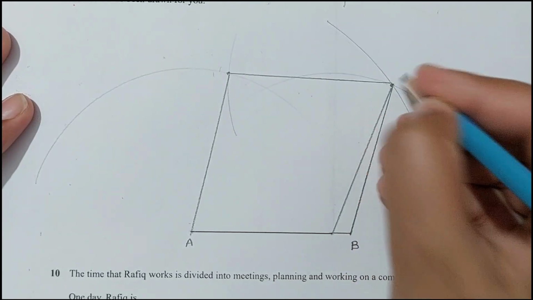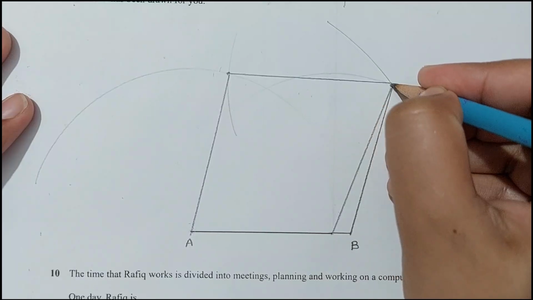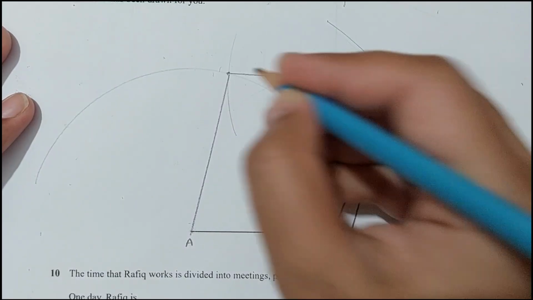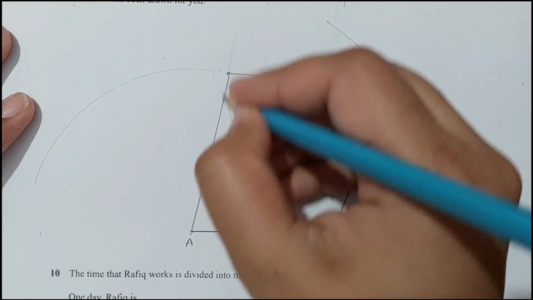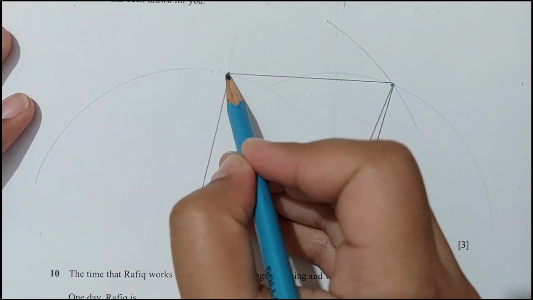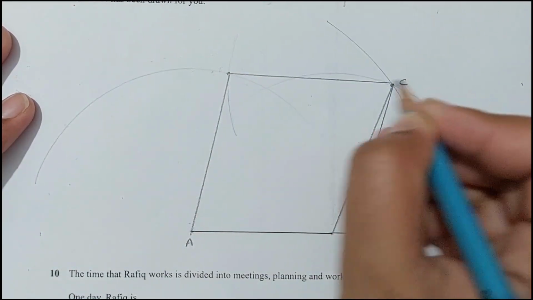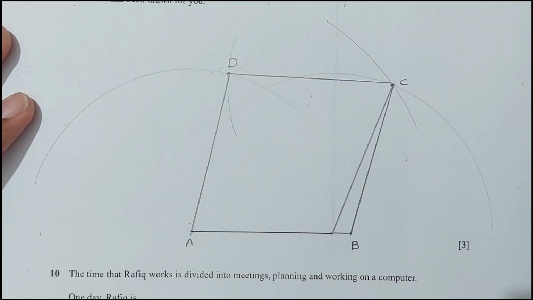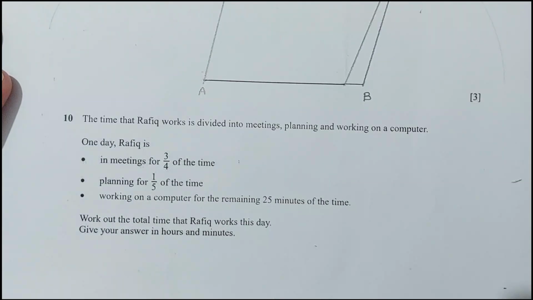Let's say they intersect at this point. Now put the compass at this point with the side length and draw another arc which joins the first arc, and that would be the third point. A, B, C, and D are the vertices of the rhombus. So this is how the rhombus looks.